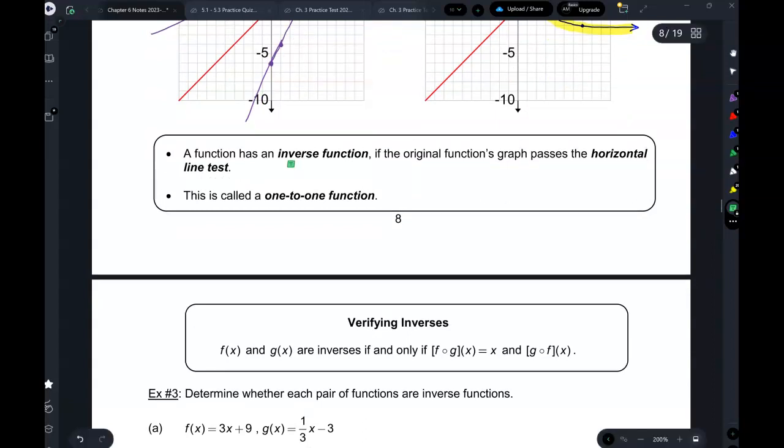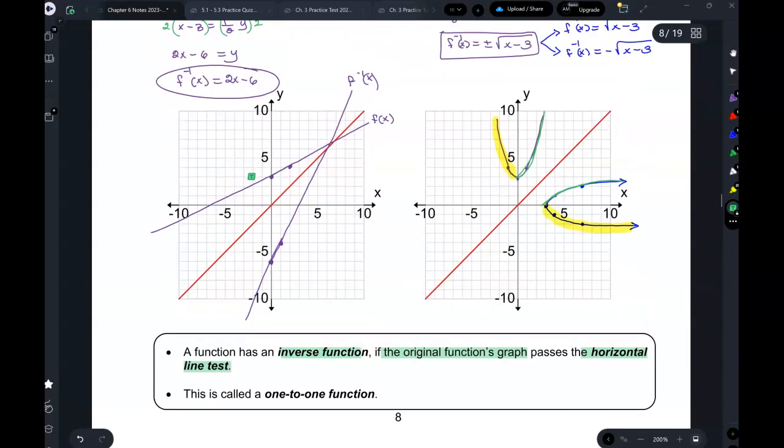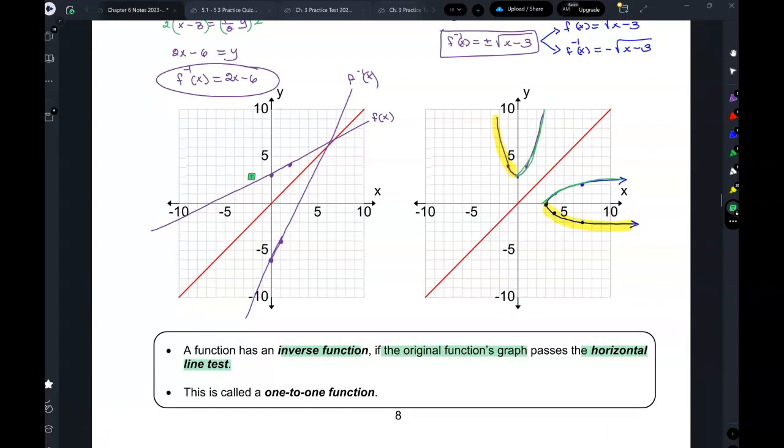So a function has an inverse function if the original function's graph passes the horizontal line test. So now, once we saw this original parabola, f of x, did we really have to graph the inverse to see if it's a function? No. How can you tell if something is a function? It passes the vertical line test.